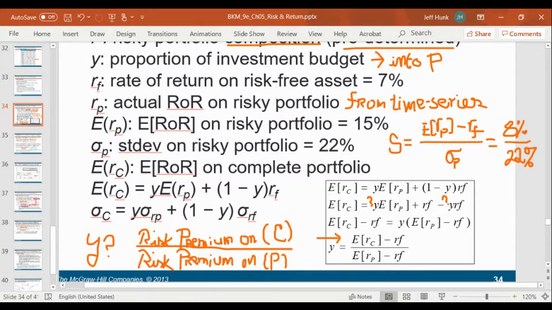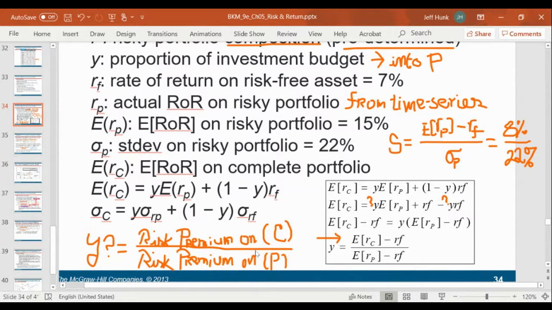So it's basically the ratio of risk premia, one risk premium against another risk premium, right? The weight is basically the risk premium on the complete portfolio over the risk premium on the risky portfolio.